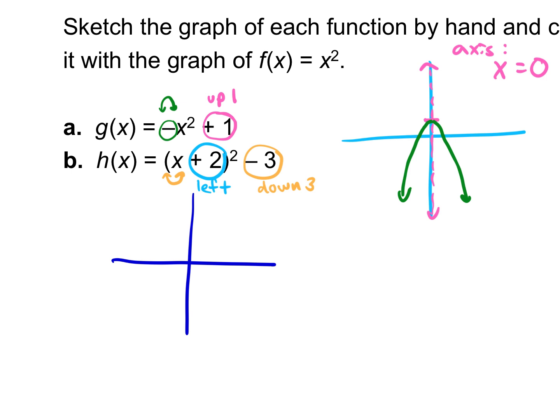So we're going to shift our parabola to the left 2 and down 3. So that would be our vertex. Now we're going to draw our parabola opening up. So it looks like this. Now here, what's our axis of symmetry? Awesome. X equals -2.